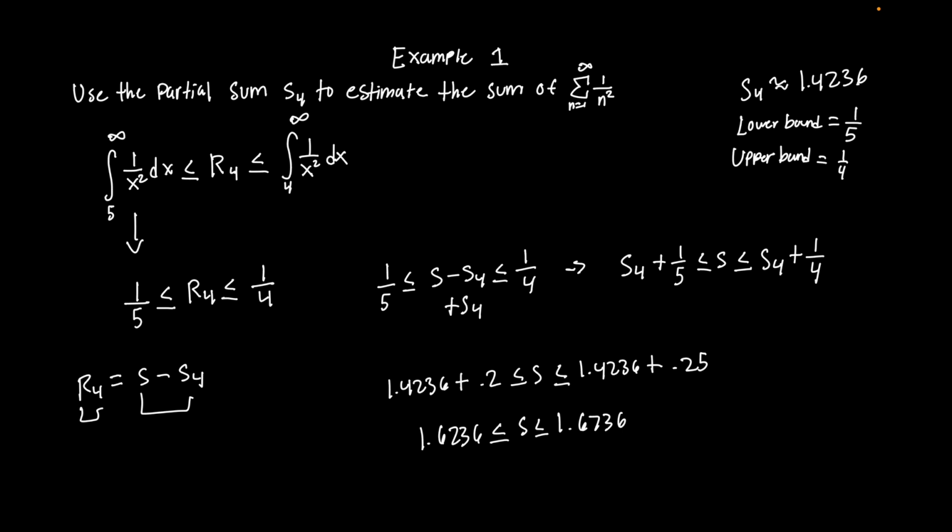So using your fourth partial sum, we estimate that this is going to be your estimate. That's the interval where the true sum lies, even though we actually don't know the exact one, but we just found the interval.